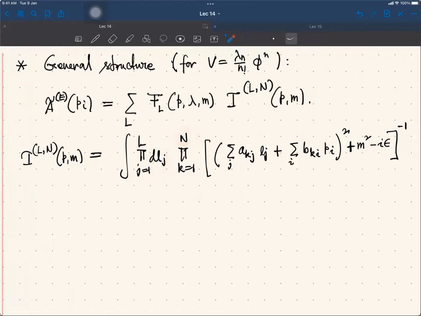The claim is that when you fix the number of external lines and the number of loops L, N is not going to change. It is important. If you take capital E and capital L fixed, then capital N also gets fixed. I will not argue it now; I will argue it towards the end of next lecture.